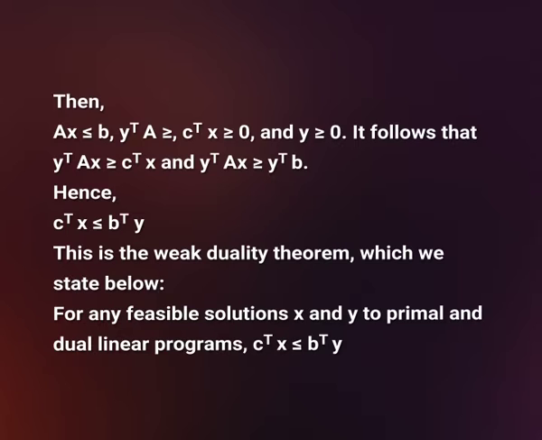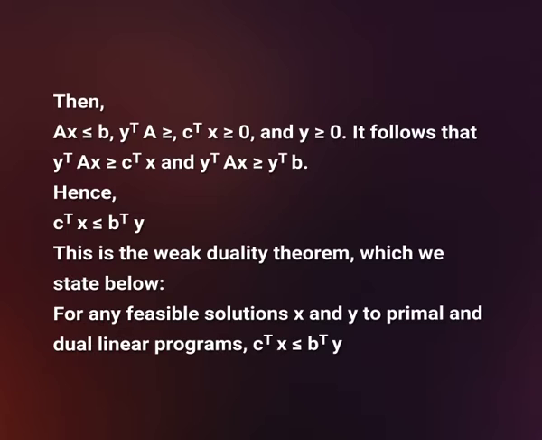It follows that y^T Ax ≥ c^T x and y^T Ax ≤ y^T b. Hence, c^T x ≤ b^T y. This is the weak duality theorem, which we state below.